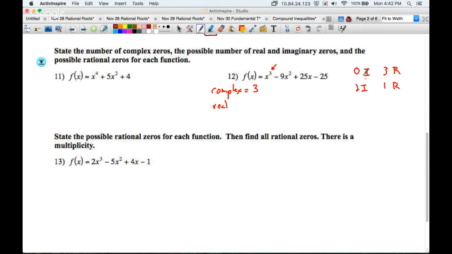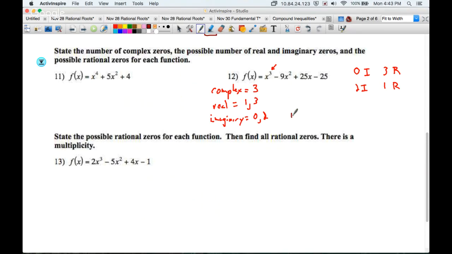This is because the imaginaries have to come in pairs, and when we add them together, they have to add up to 3. So possibilities for the real were 1 and 3, and possibilities for imaginary were 0 and 2. These will always come in pairs. I couldn't go up to 4 imaginary because then I'd be exceeding the 3 complex zeros.